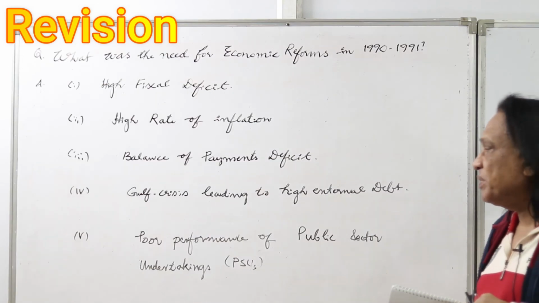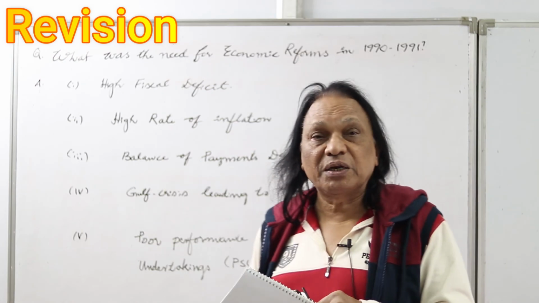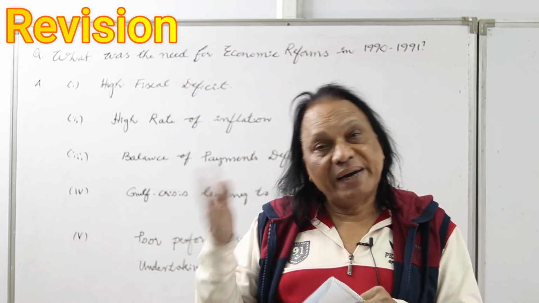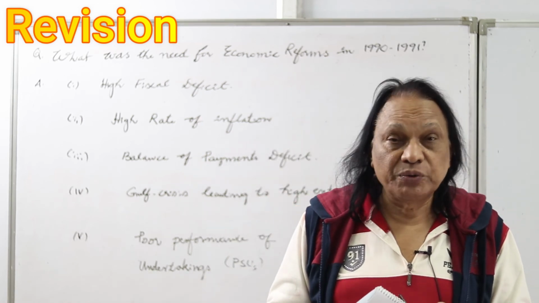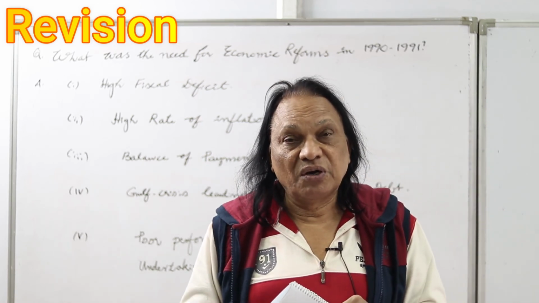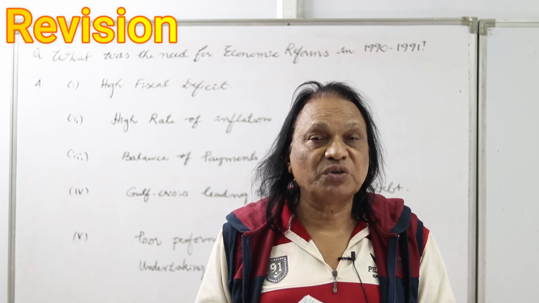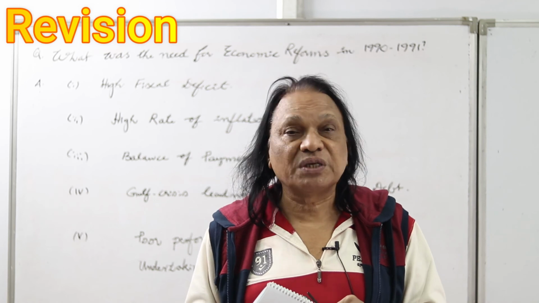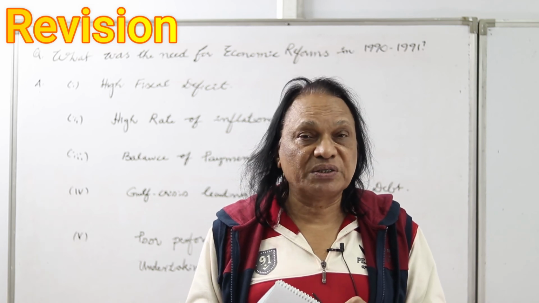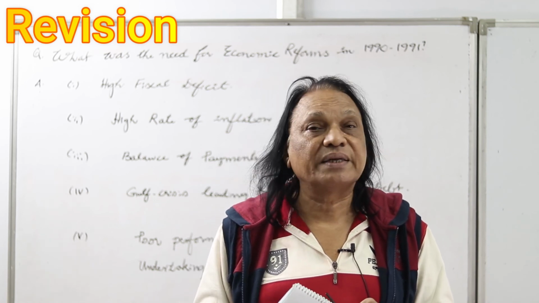Poor performance of public sector: the government invested a lot of money in public sector undertakings, but they were not very productive. There were a lot of delays and the production was not encouraging. So that's why Dr. Manmohan Singh brought the new economic policy in 1991.